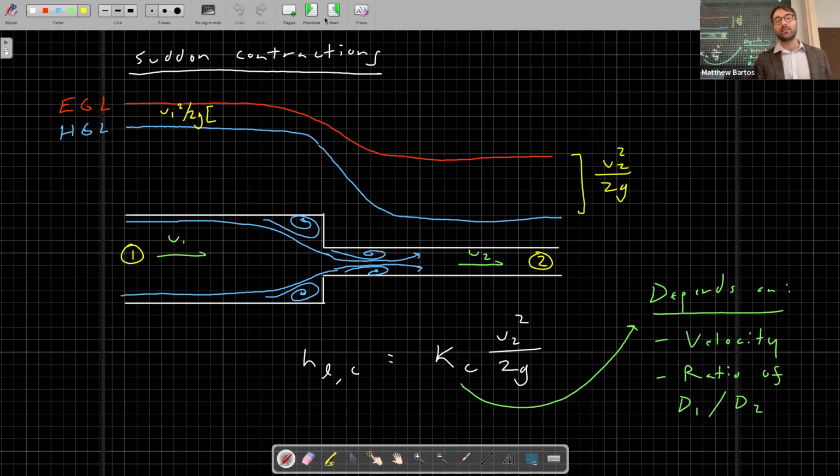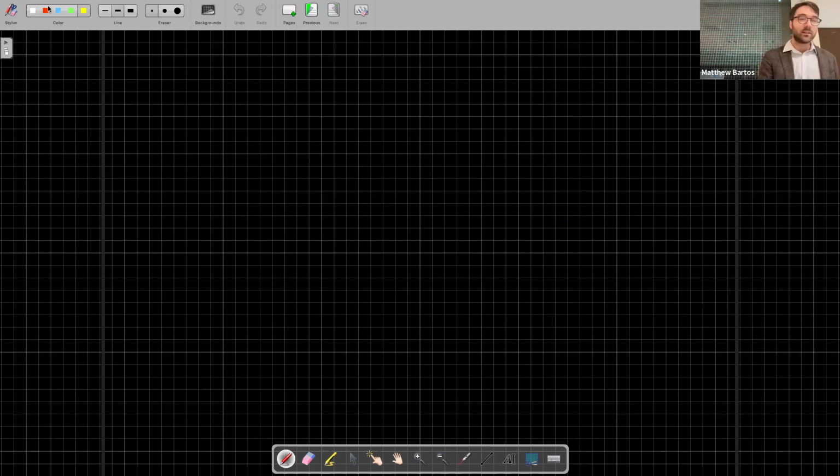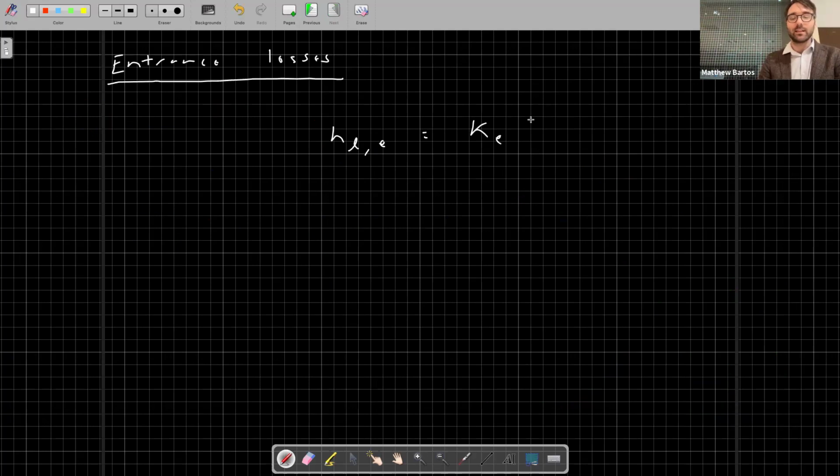So if you basically take the extreme case of the sudden contraction, you get the entrance loss, entrance here meaning the entrance into a pipe from a reservoir, which will take the form, again, h little l e is equal to K E times u squared over 2g.